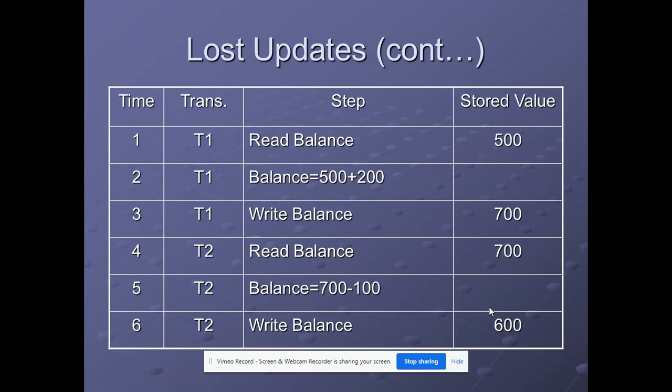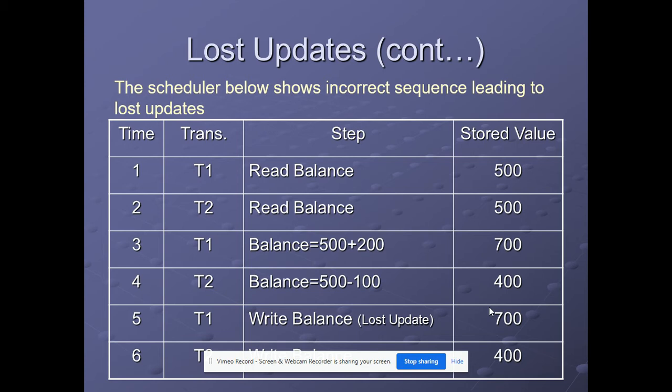Then we've got another table here. We are continuing with the scenario that we were given on the slide before this one. So we've got transaction 1, read balance 500. Balance is equal to 500 plus 200. Write balance 700. Read balance 700. Balance is equal to 700 minus 100. Write balance 600.